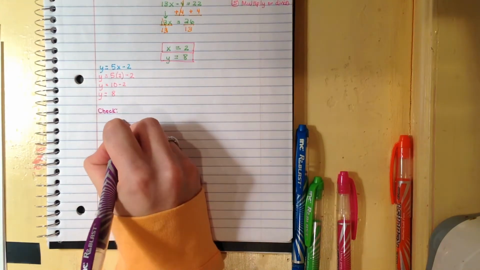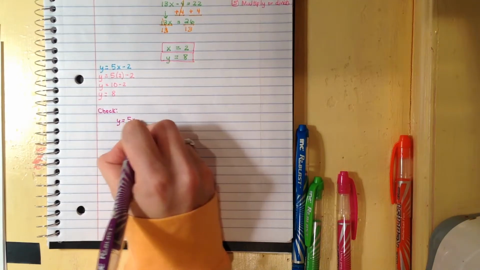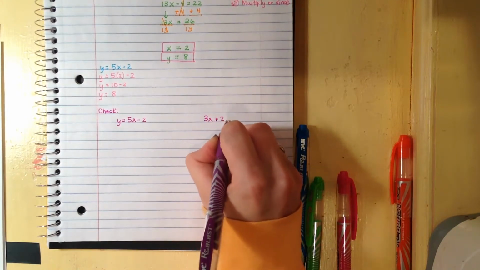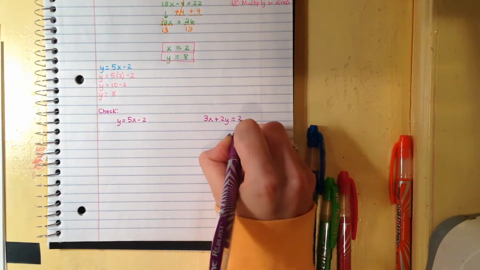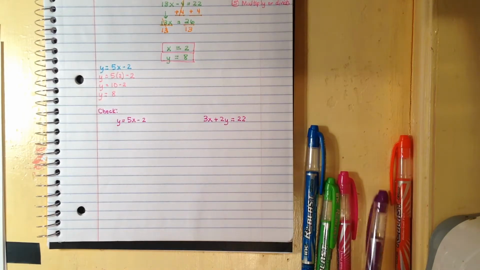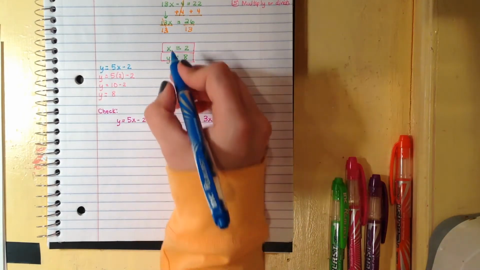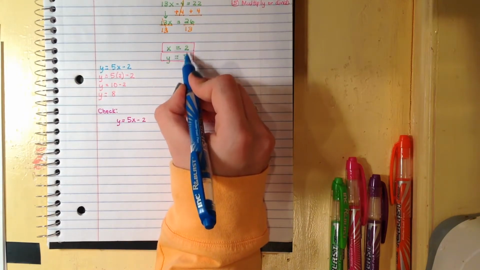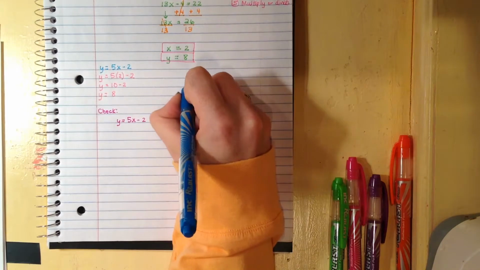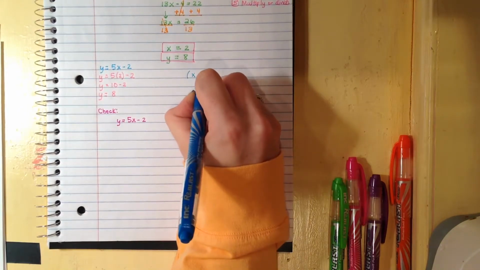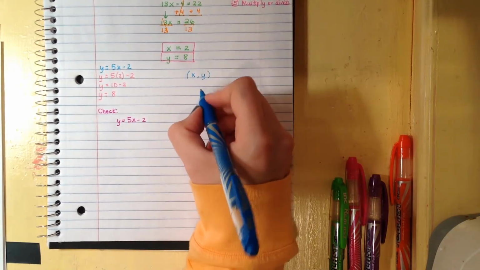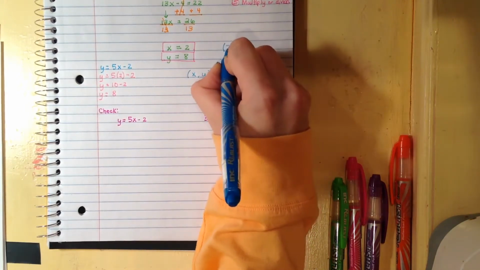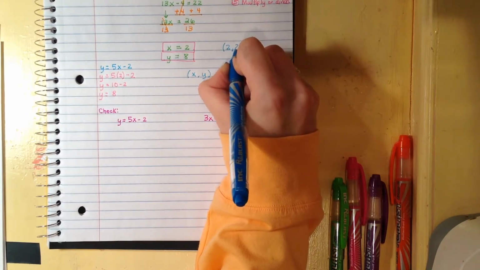I have y equals 5x minus 2 and 3x plus 2y equals 22. And remember, you may now use a calculator. And I will plug in. First I want to write, let me back up. I want to write my solution in an ordered pair. I know an ordered pair is x, y. So my solution written in an ordered pair would be 2, 8.